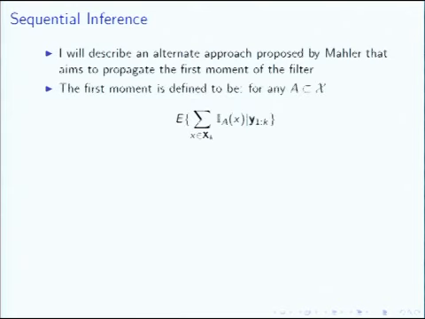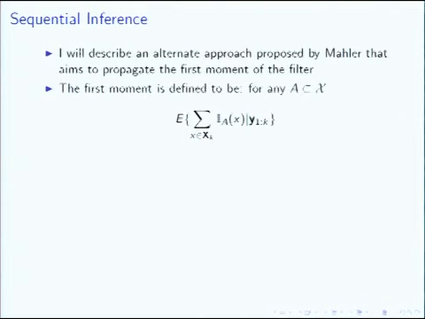What is the first moment of the filter? It is defined as follows. You pick any subset A in X, you count how many points of the hidden process live in A, and you take the expectation of this random variable conditioned on the observations you've received until time k. This is known as the first moment.